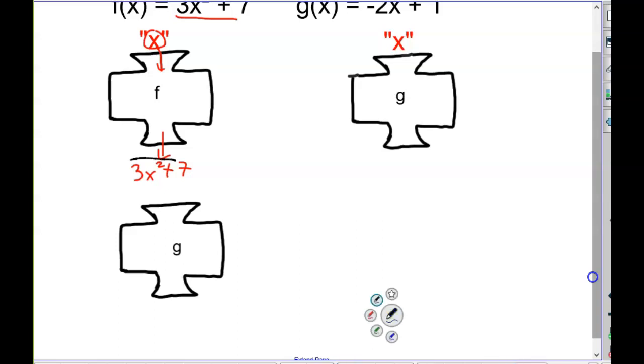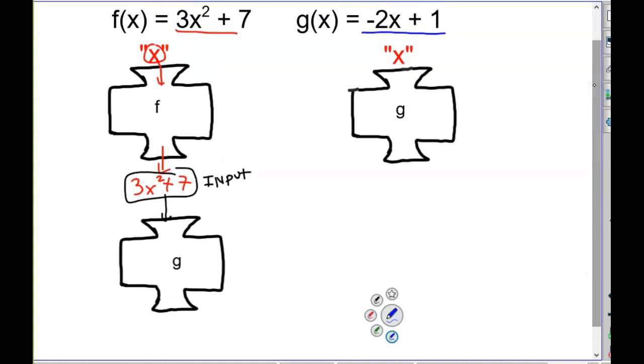So now we're going to take our answer to f, and that goes in as my new input. And one way to think of this is now I have to take whatever g was, which is negative 2x plus 1, and instead of thinking of it as an x, we're doing negative 2 times whatever the input is.